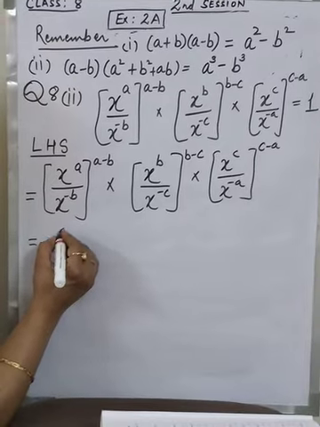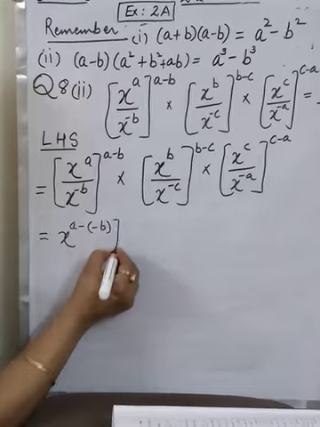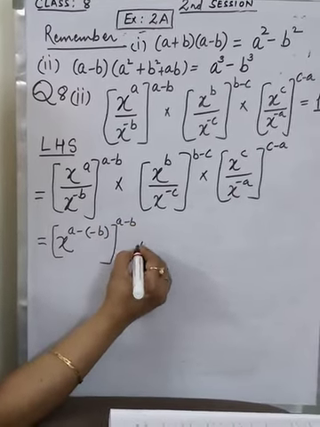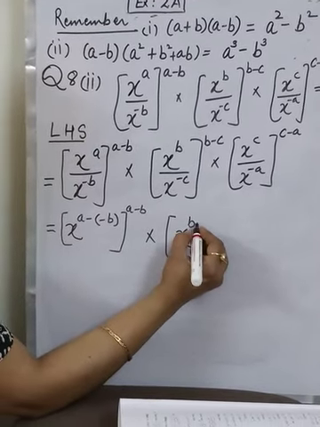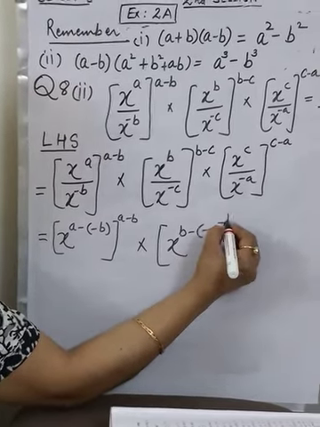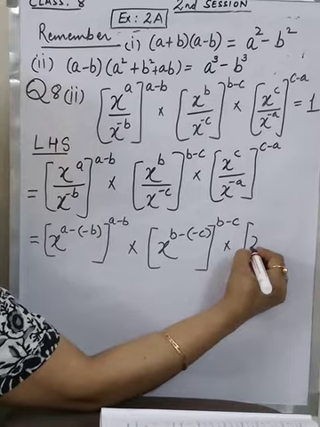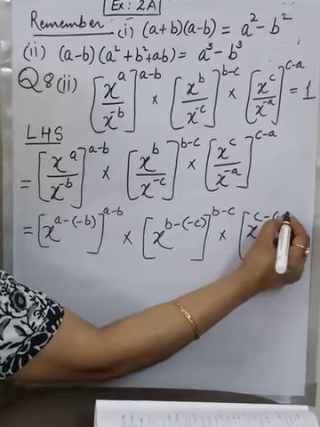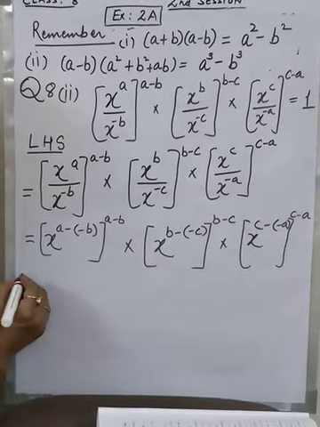So x to the power a minus b and whole to the power a minus b. Similarly, x to the power b minus c and whole to the power b minus c, x to the power c minus a and whole to the power c minus a.